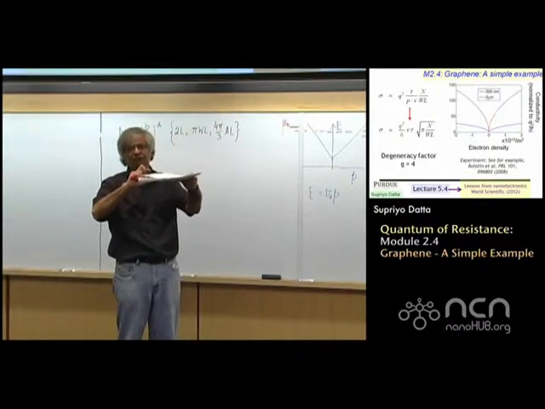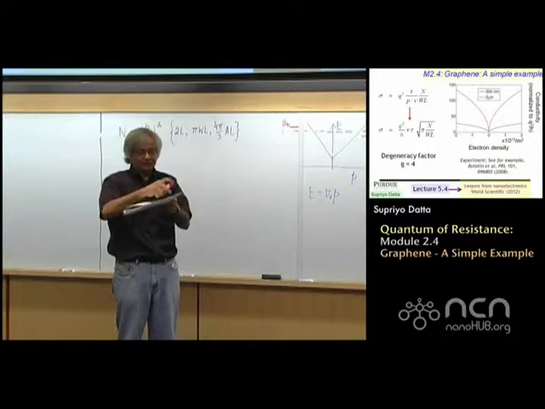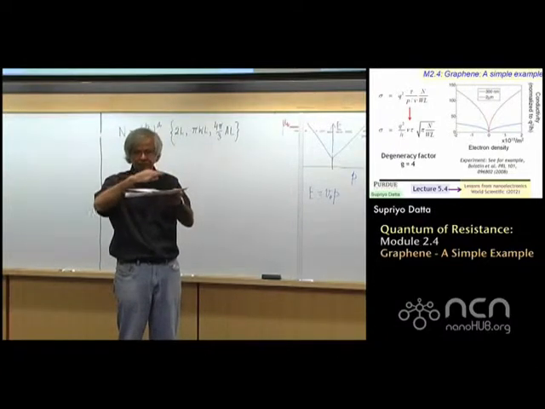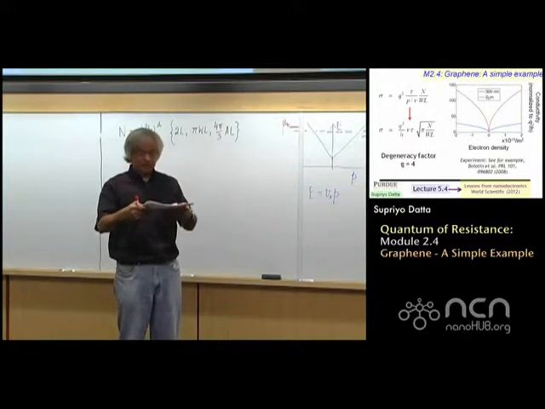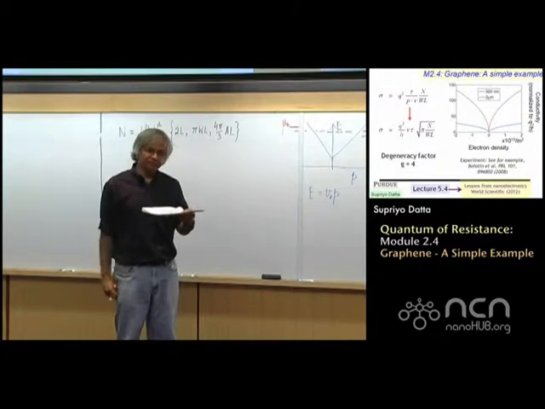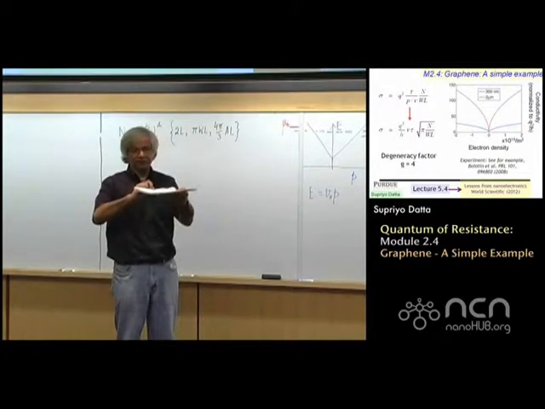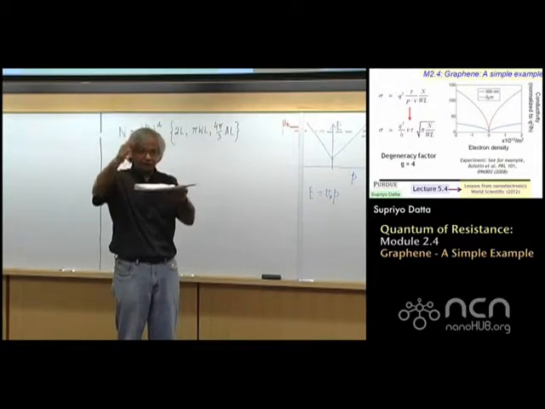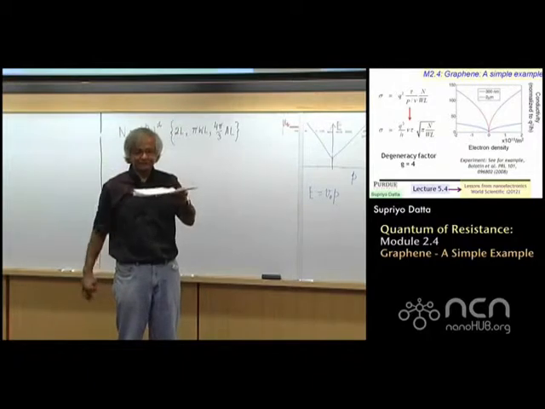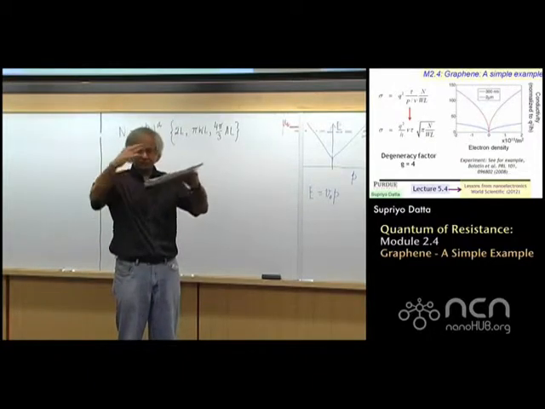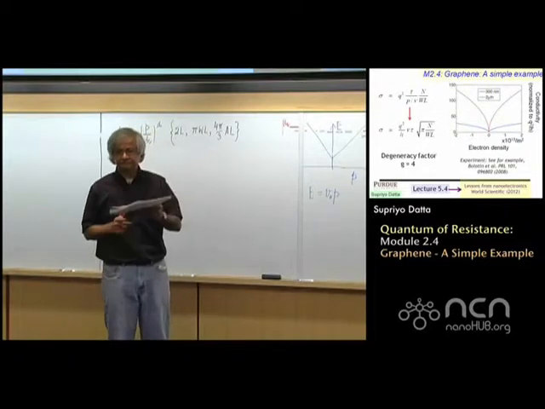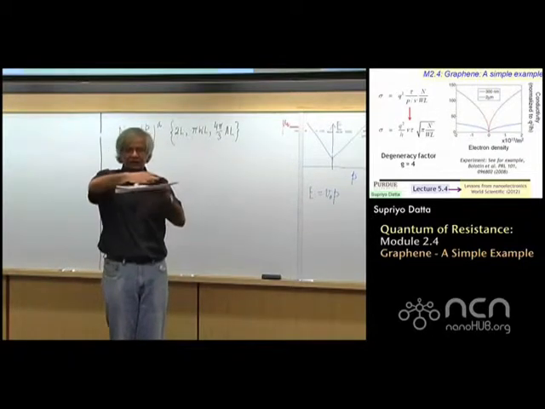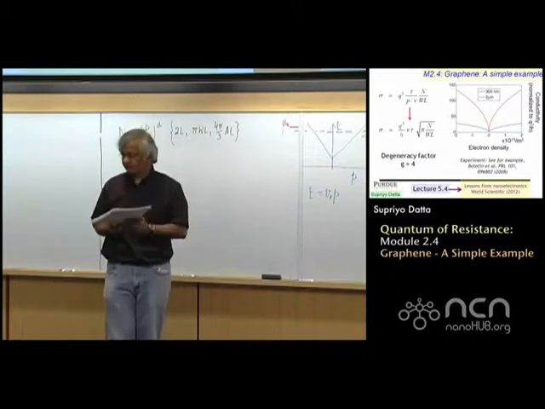Graphite, as you know, is a well-known solid where these different layers are very weakly coupled to each other, so they peel off easily one from the other. One of the major developments of the last decade was that people were able to actually peel off essentially a monolayer from the surface and make measurements on it. That's what is usually referred to as graphene, this one monolayer of carbon atoms arranged in a hexagonal lattice.